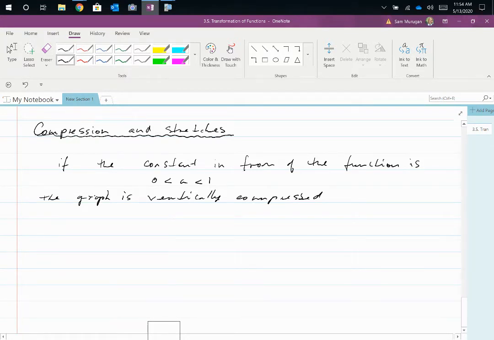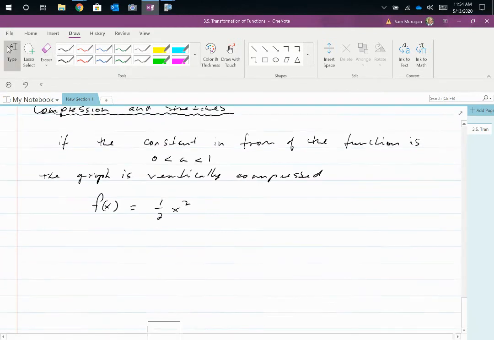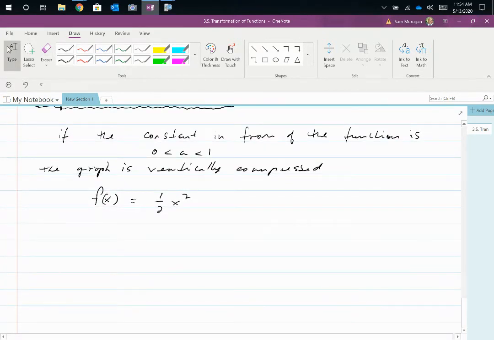Okay, so if I have f of x is equal to half x squared, vertically compressed means it has the effect of somebody like literally stepping on the graph and flattening it.